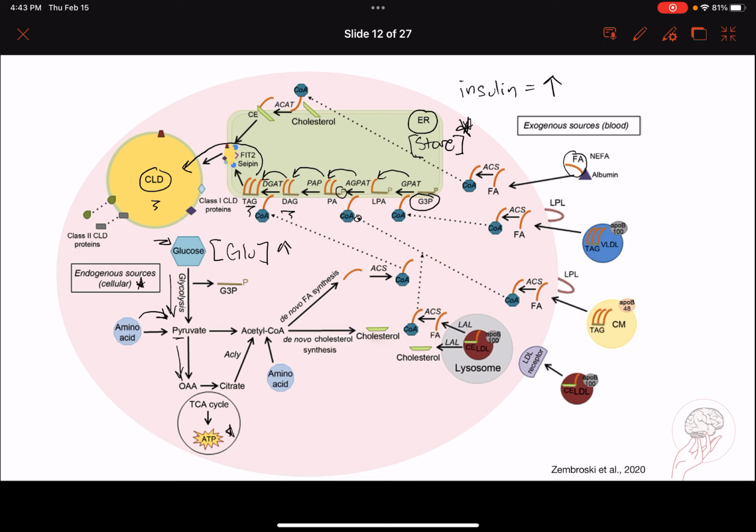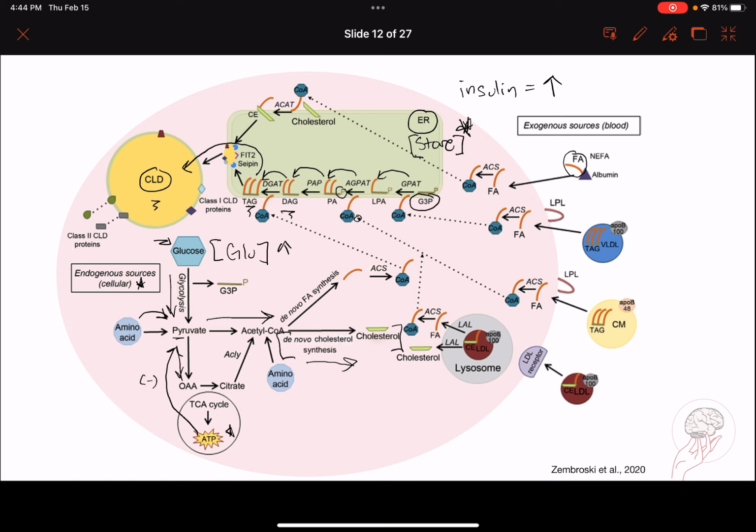But if we have enough energy, it's going to turn off this cycle. And instead of producing energy, this pyruvate is going to go towards de novo fatty acid synthesis or de novo cholesterol synthesis. So this is when I mentioned an excess of glucose will increase cholesterol. This is how that happens.